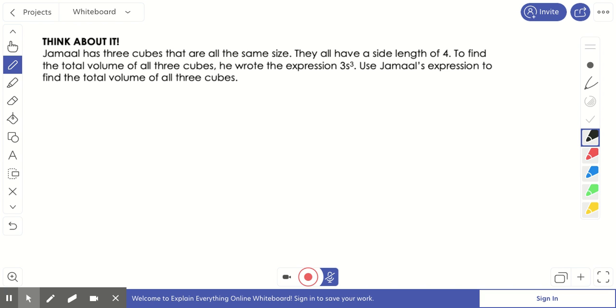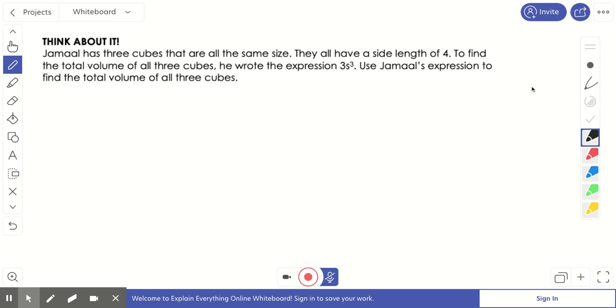All right, teammates. The first thing that I notice is that there's a variable in the expression that Jamal gave us to find the total volume. So I am going to use substitution to first replace my variable with the number that was provided.